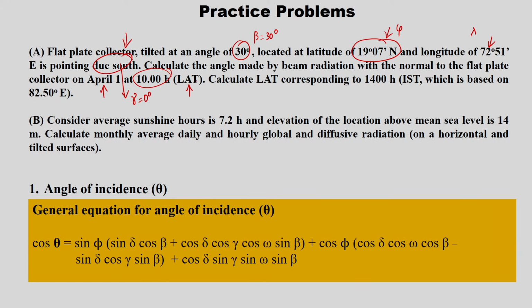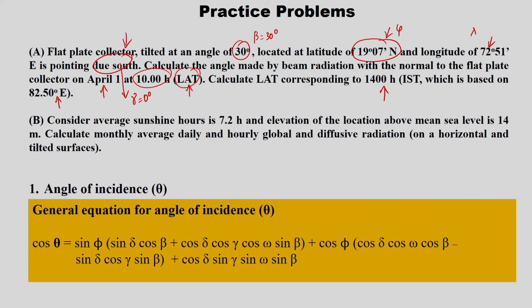And after calculating this angle of incidence, we also learned how to calculate this local apparent time for the given Indian standard time. This Indian standard time is measured based on the longitude 82.50 degree east.